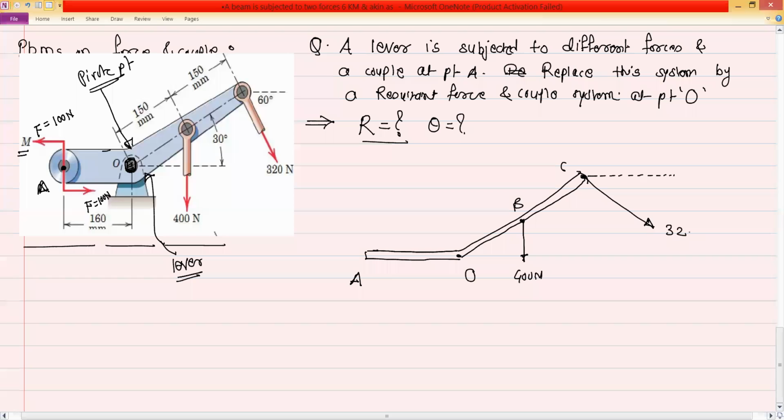And this is a 320 Newton force. It is acting at 60 degrees. Then the angle of this lever with respect to the x-axis is 30 degrees. And these are two forces: one is 100 Newton and the second is 100 Newton.